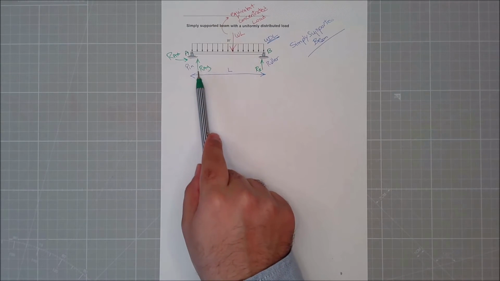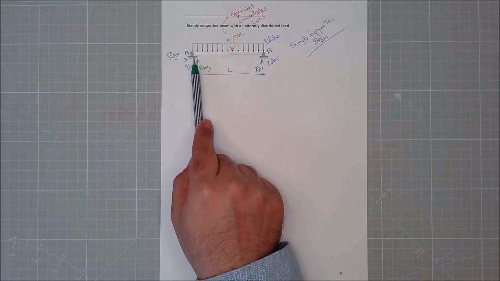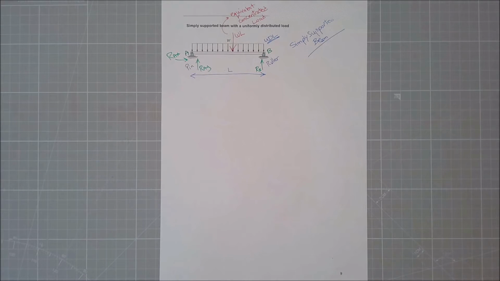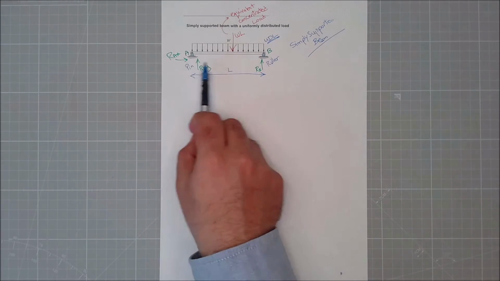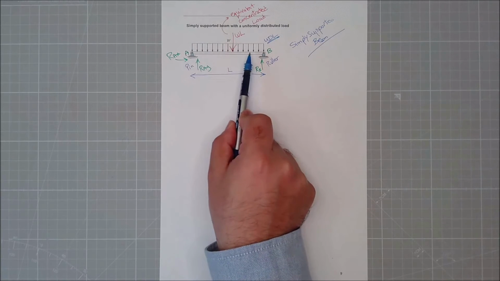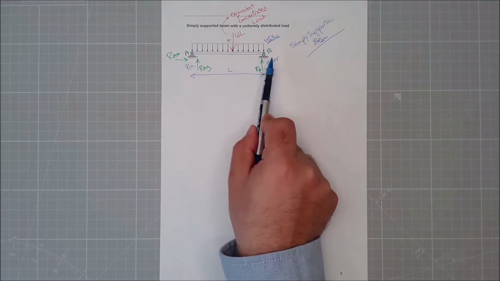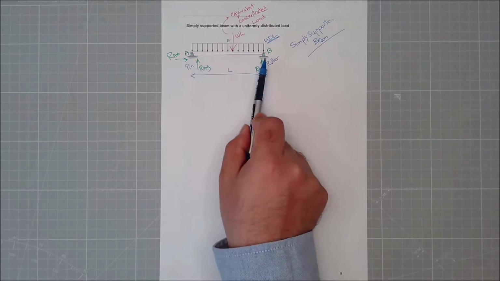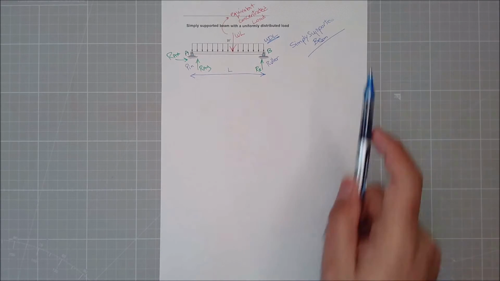If I have drawn it a little bit this side, I mean this is underneath this pin, so don't worry. The reason that we're doing this is to figure out what is the bending moment diagram and what is the shear force diagram for this beam under this certain loading condition, which will be the external loading, as well as this certain support condition, which will be a simply supported beam.